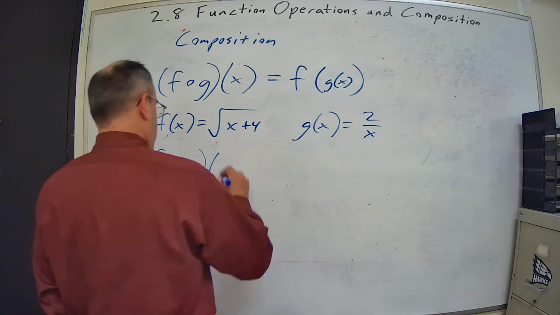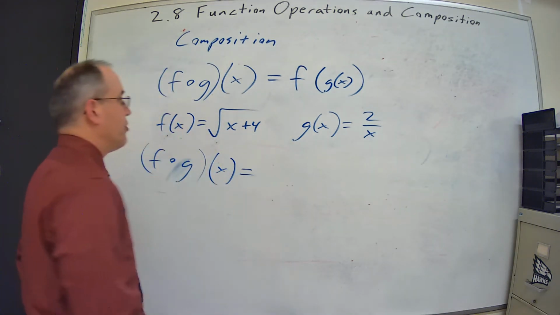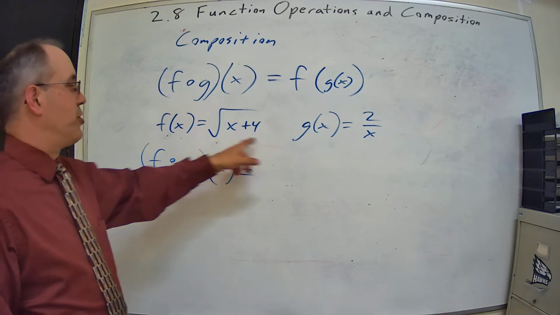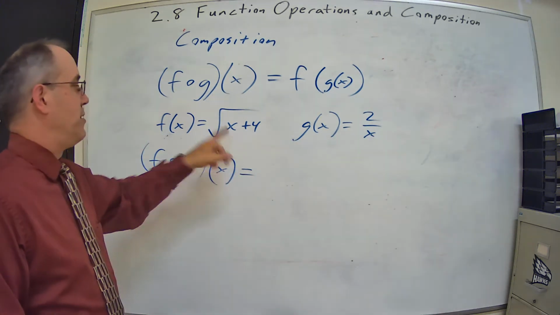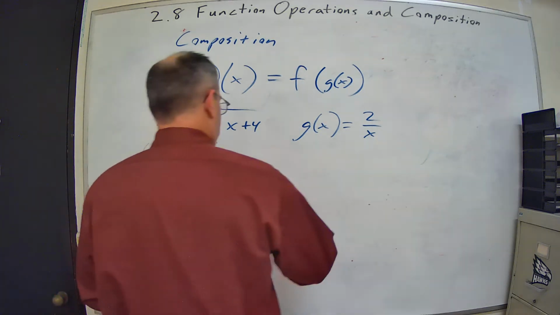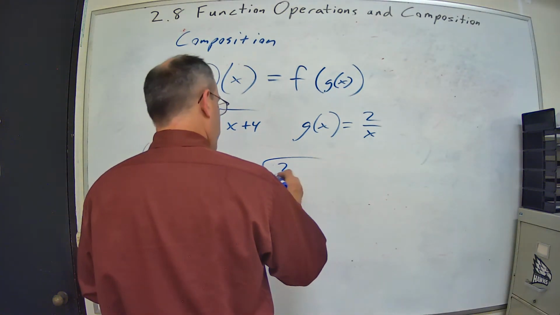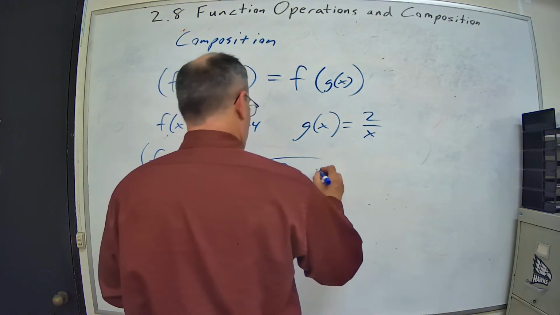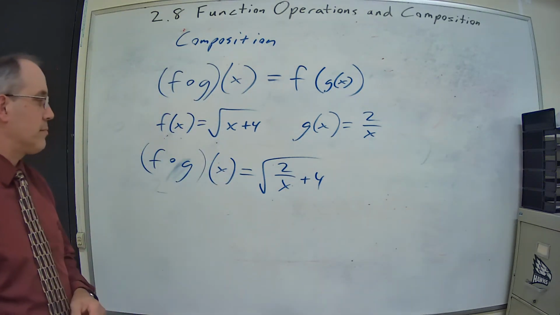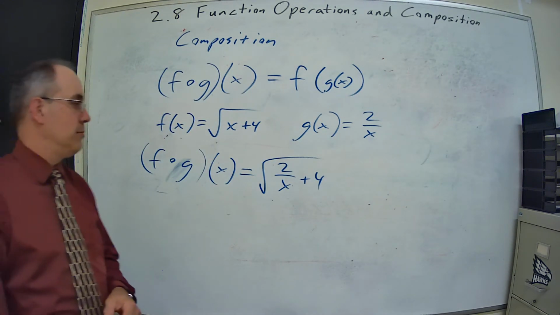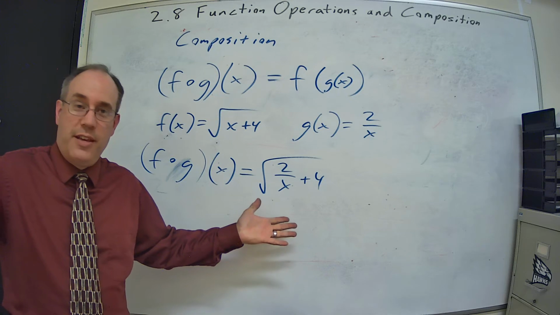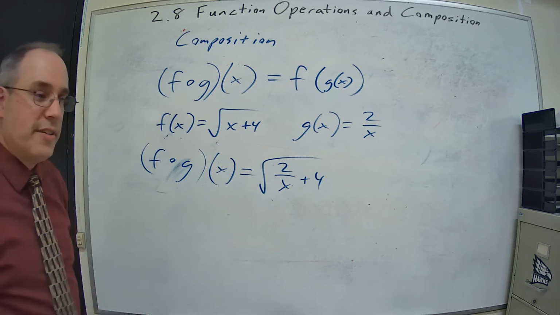f of g of x is equal to, we look at f of x and we're just going to plug g of x in place of the x in there. So the square root of 2 over x plus 4. And that's it. That's composition.